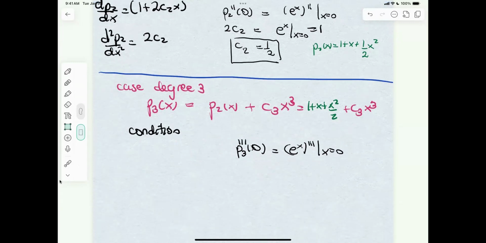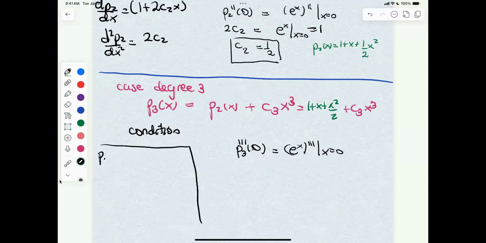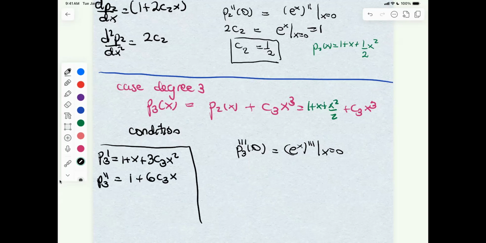But again, just to do it quickly on the aside, what's the first derivative? The first derivative is, well, you have this expression. It's 1 plus x plus 3c3 x squared. The second derivative would be 1 plus 6 c3 x.